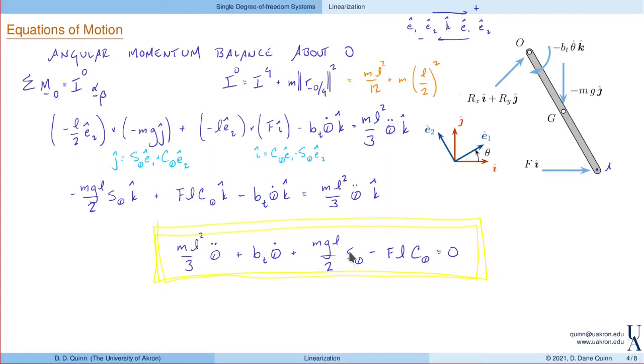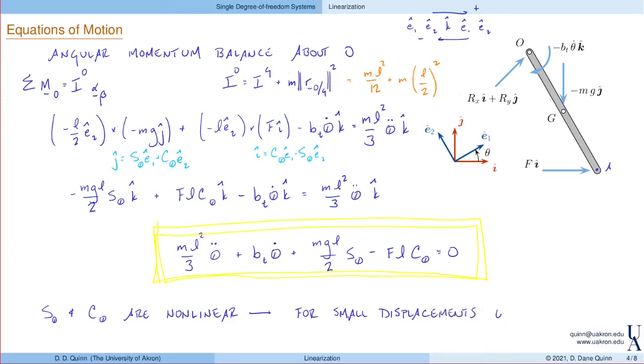Notice that it's nonlinear because sine of theta and cosine of theta are nonlinear functions. Remember, a linear function is something that looks like, well, in this case, k times theta. Anything else is nonlinear. However, for small displacements, we can usually find a linear approximation.